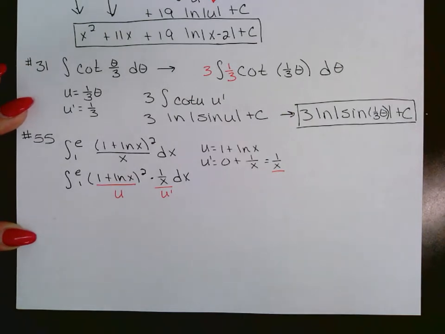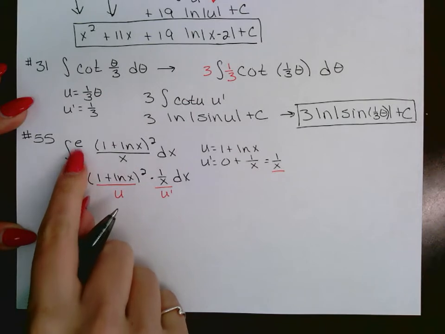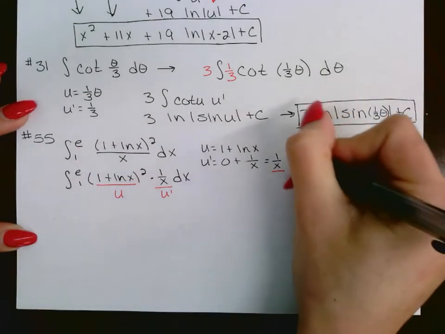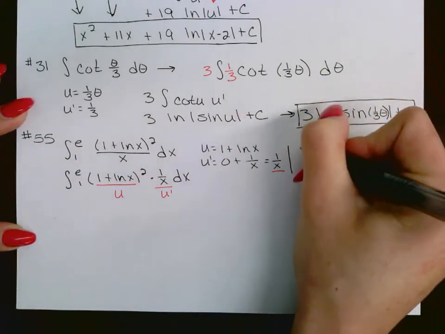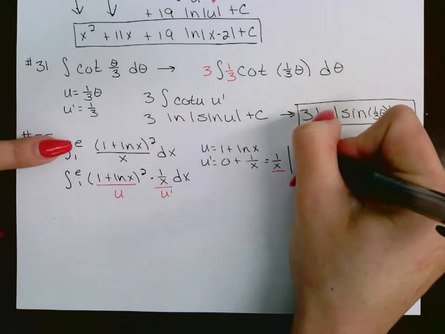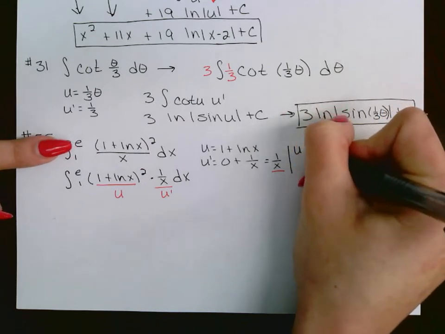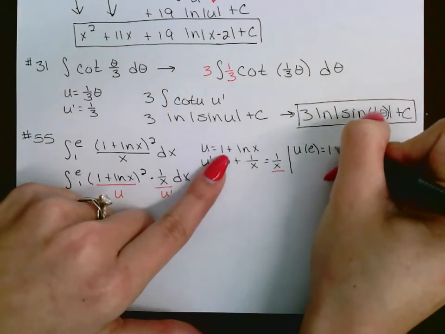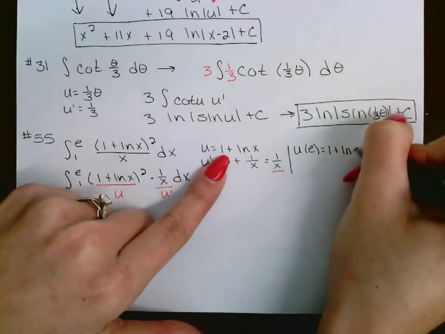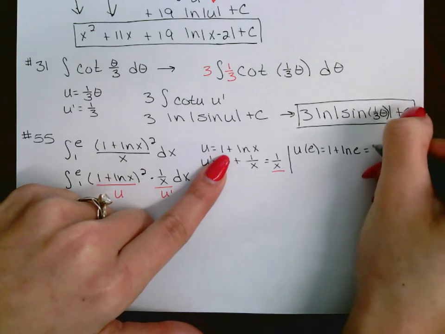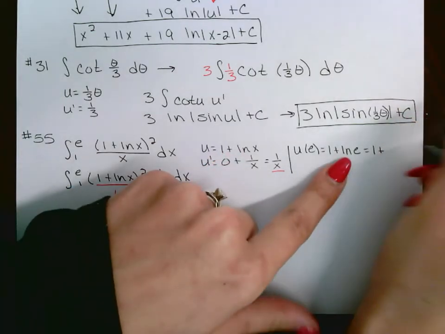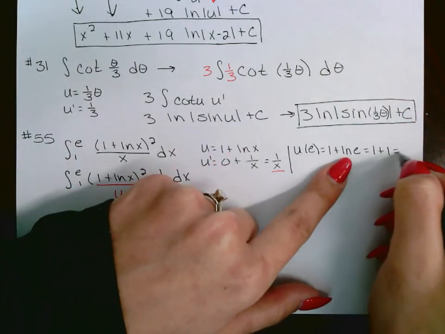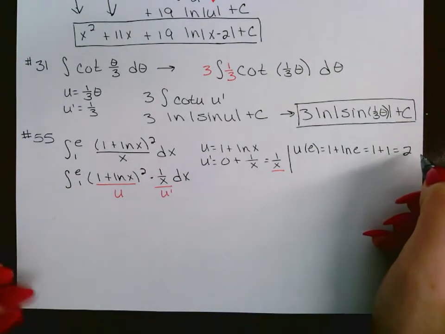Remember that when I solve u sub and it's a definite integral with an a or a b, I need to solve for my new limits. So I need to say what my new limit would be at e if I plug it into u. So I say 1 plus ln of e, which is just 1 plus 1. So my new upper limit is 2.